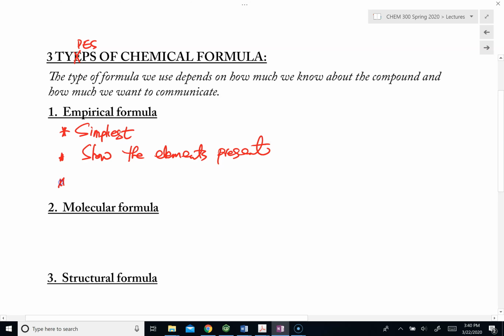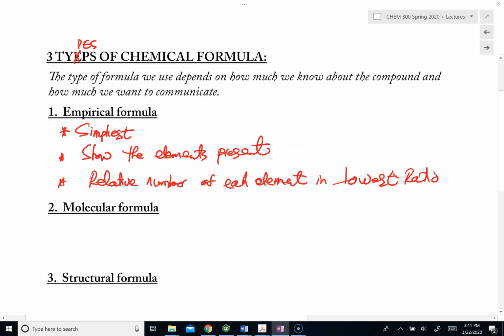It shows the relative number of each element in lowest ratio, but not the actual number of each atom, and simply shows us, again, the lowest ratio of each of the elements in numerical value.